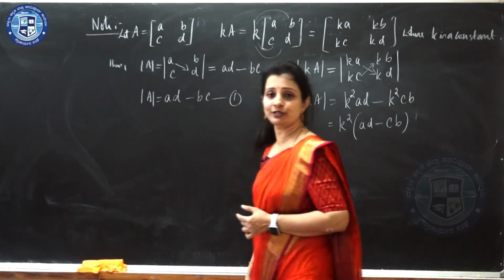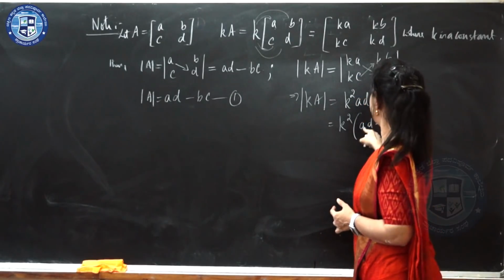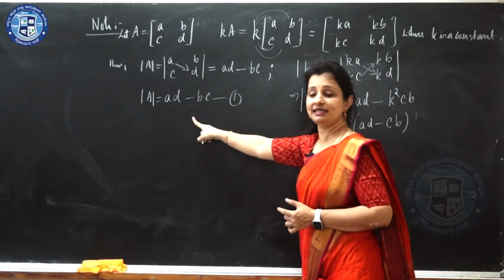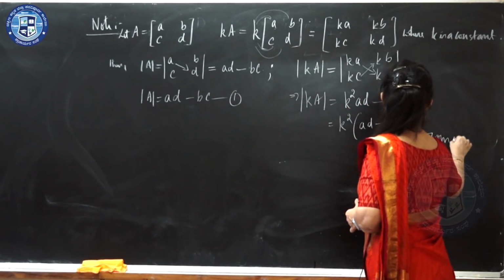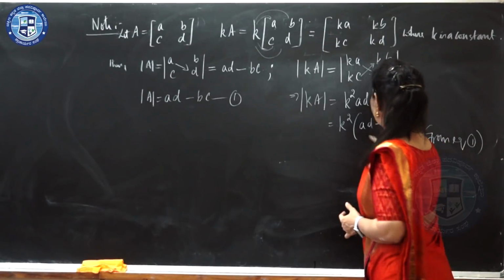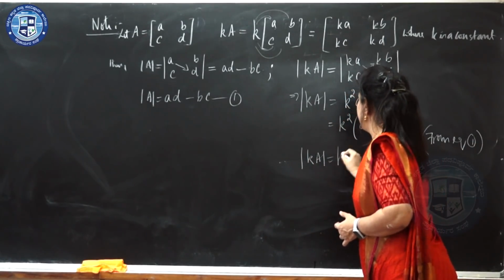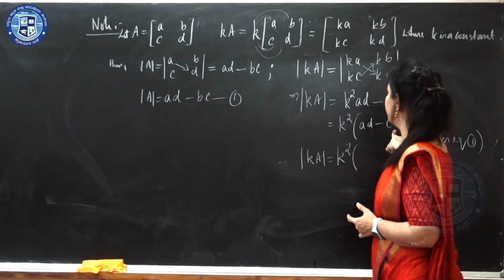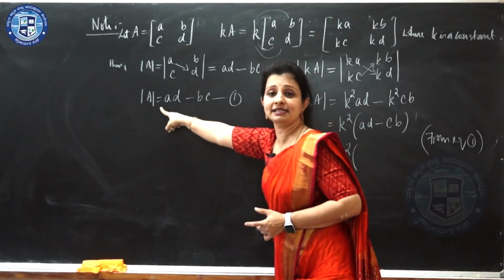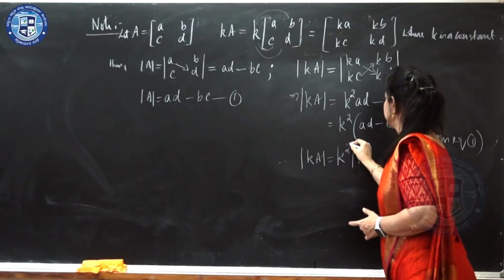Take it as the first equation. So here we have ad minus bc, which is determinant A. So from equation 1, we can write determinant of KA equals K square into ad minus bc, and ad minus bc is determinant A. So K square into determinant A.